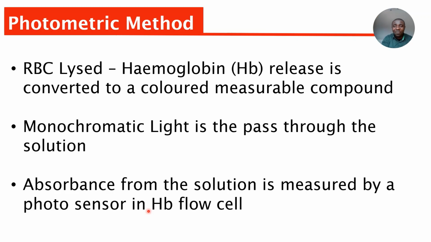Once it lyses the red cells, that will expose the hemoglobin, and following the exposure of the hemoglobin, light will pass through the mixture, and the light passage through that solution would lead to absorbance. The analyzer will then measure the amount of hemoglobin in that solution. So that is what happens with photometric.